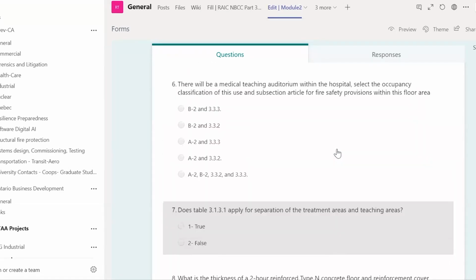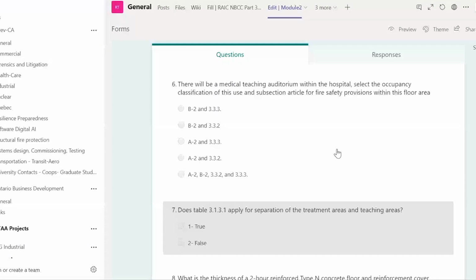But why does it appear that false should be the correct answer? I had it true because I looked at table 3.1.3.1 to see what separation is required. If the separation is required, then why is the correct answer false?